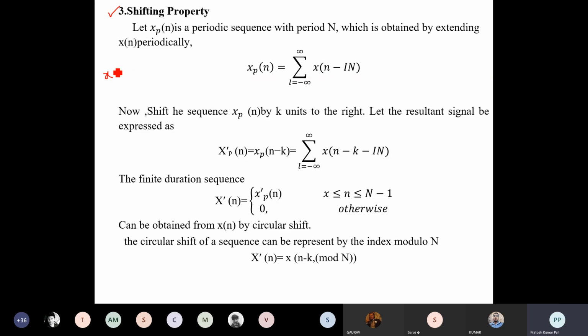So its basic representation is that x of n circularly shifted will be considered as x of n minus k with N number of points.